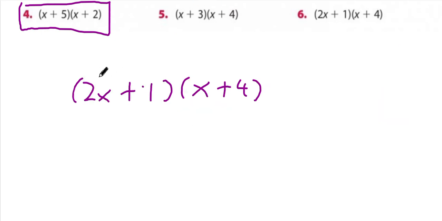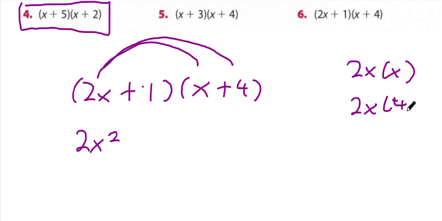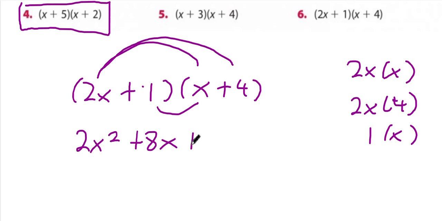Alright, first line, 2x multiplied by x. What do you think you get? Well done. Now, next line, 2x multiplied by 4. And then 1 multiplied by x. Well done.